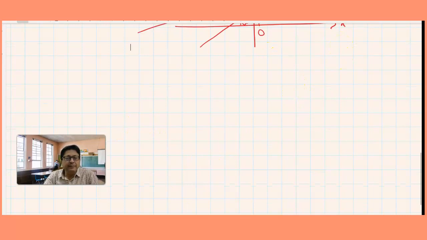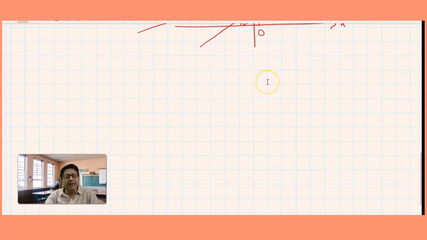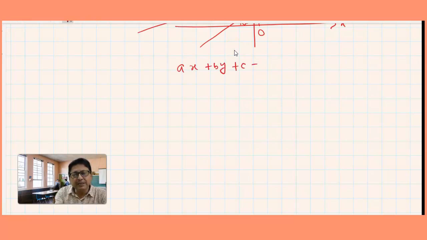What does it mean? The equation of a line is always represented by a first degree equation. A first degree equation in two variables is like this: ax plus by plus c equal to 0. It will always represent a straight line.